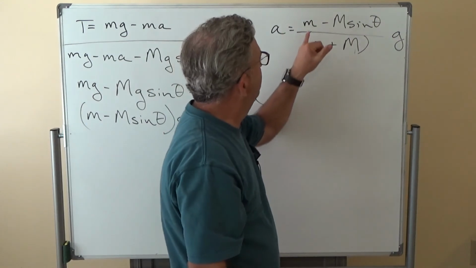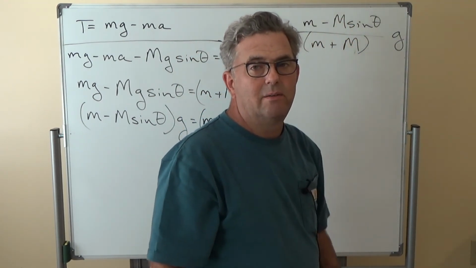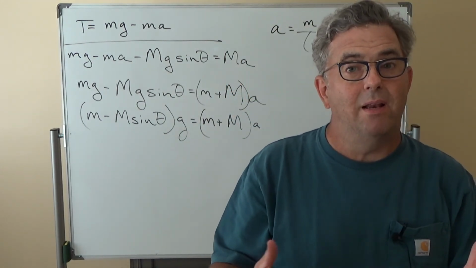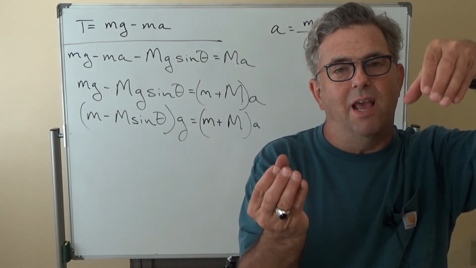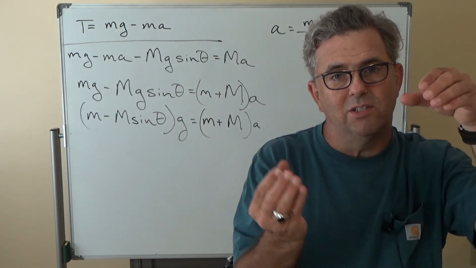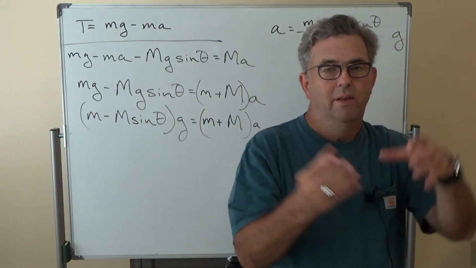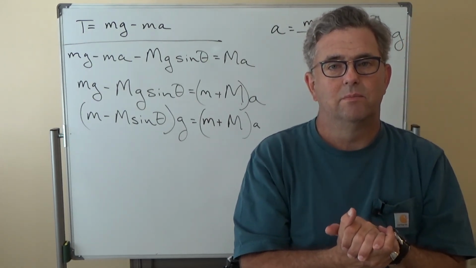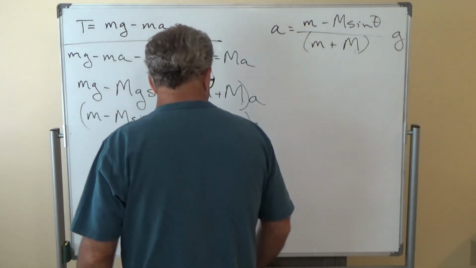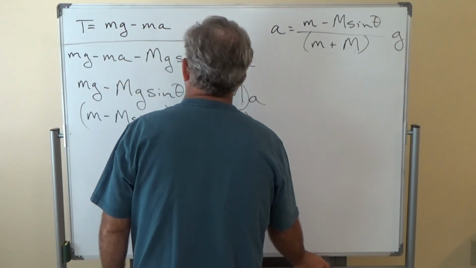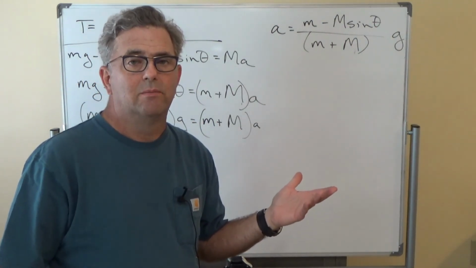What happens if little m is equal to big M sine theta? That's balance. The objects are perfectly balanced and they're not going to accelerate. Starting from rest in a perfect world, they would just sit there. So that's the idea of an object on an inclined plane with a hanging mass.